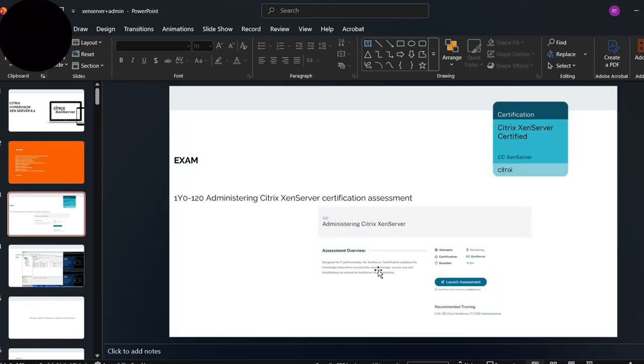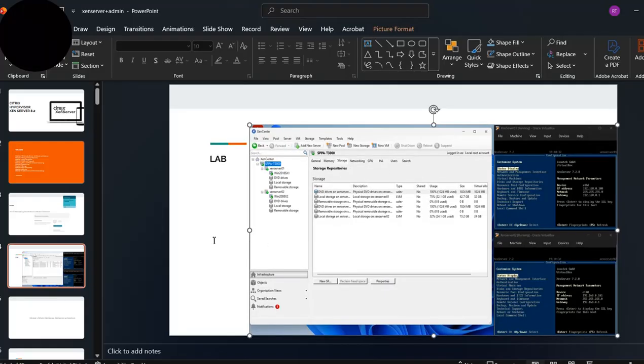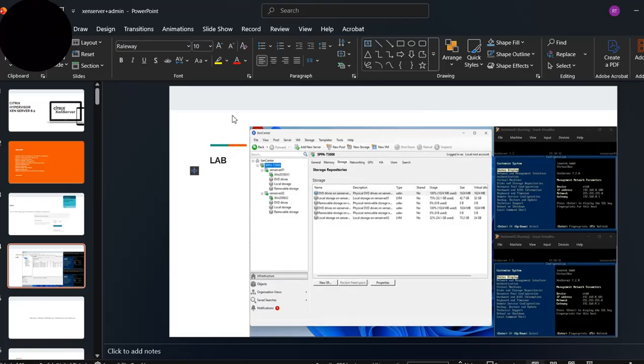This is our lab. This is the view of our lab. From the beginning to the last, we will make a full XenServer with Aberrant virtualization.